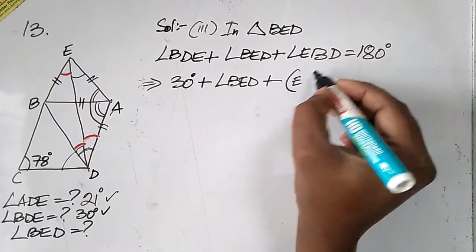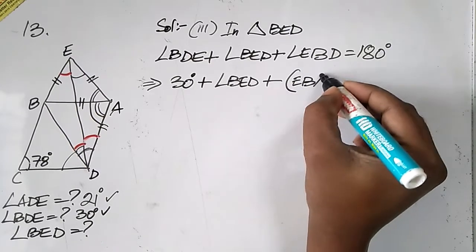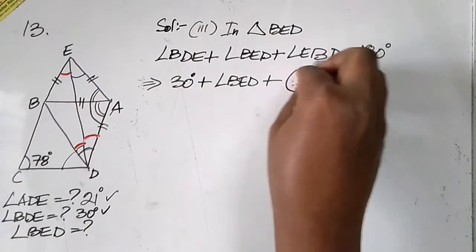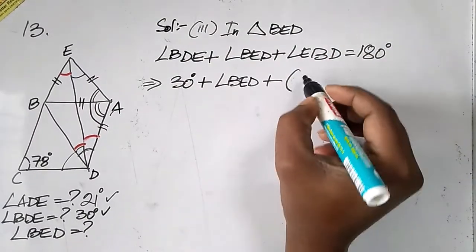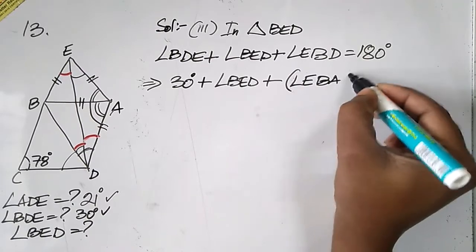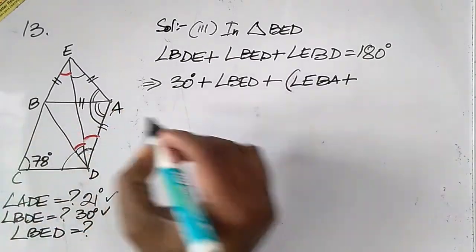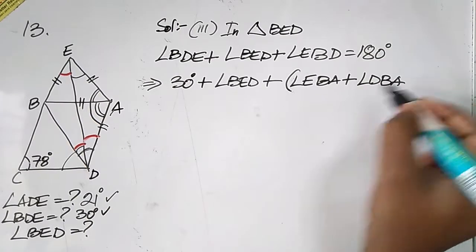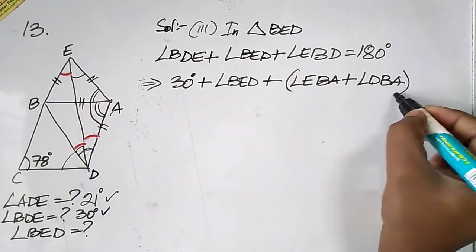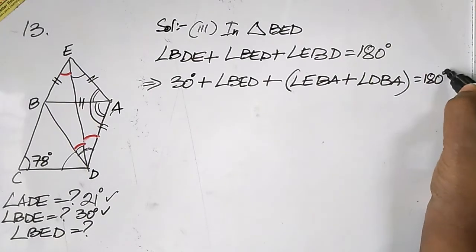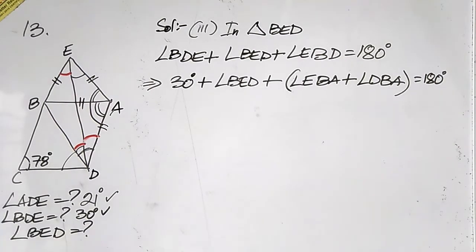So angle EBD is equal to angle EBA plus angle DBA. You can also write it as ABD, okay, is equal to 180 degrees. Right, now we just have to simplify it.